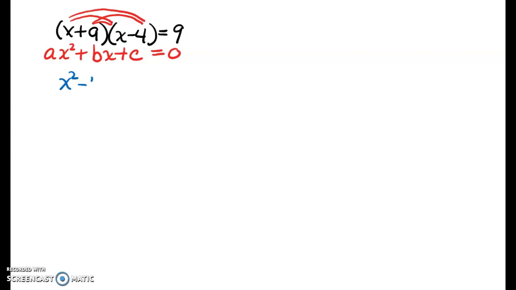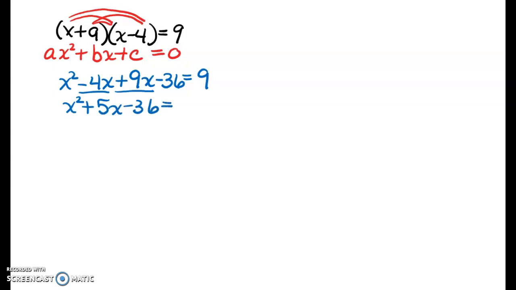Negative 4 times x is negative 4x. 9 times x is 9x. And 9 times negative 4 is negative 36. When I combine like terms, I get x squared plus 5x minus 36 equals 9.